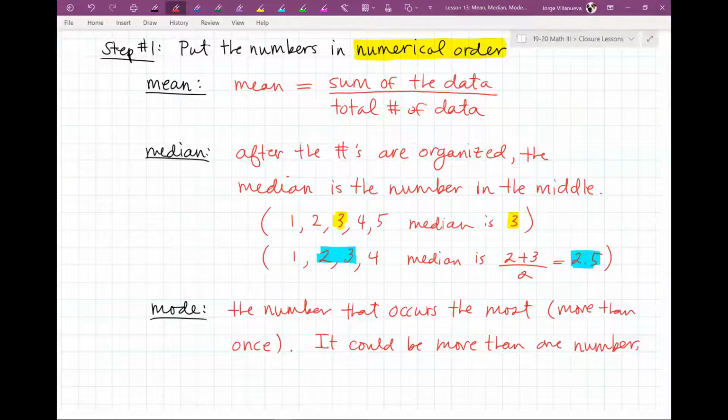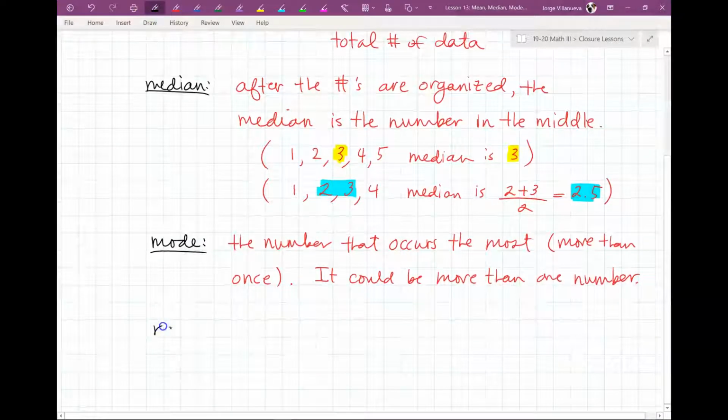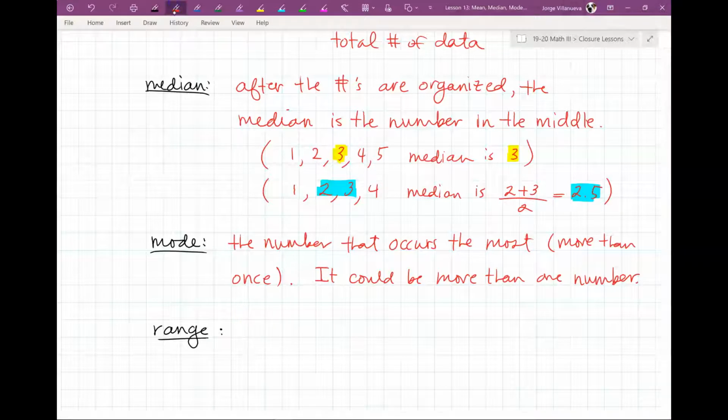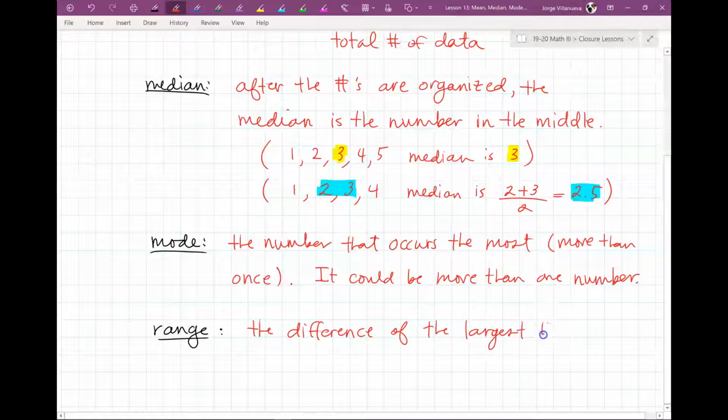So we're going to do some examples. We'll find mean, median, mode for all of these examples, even the range. Let me put the range here, just so we have that definition. So the range is the difference of the largest number and the smallest number.